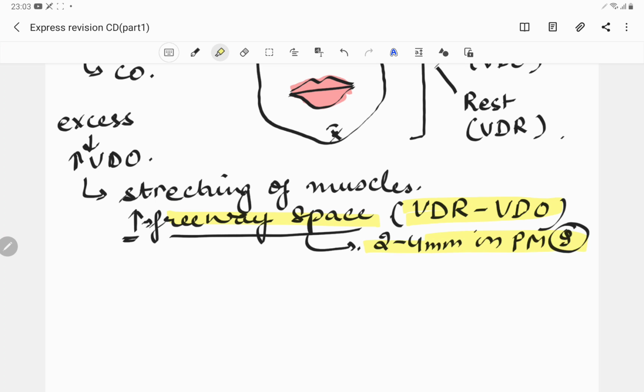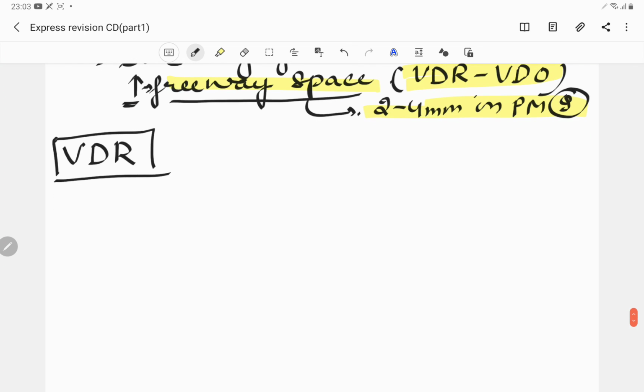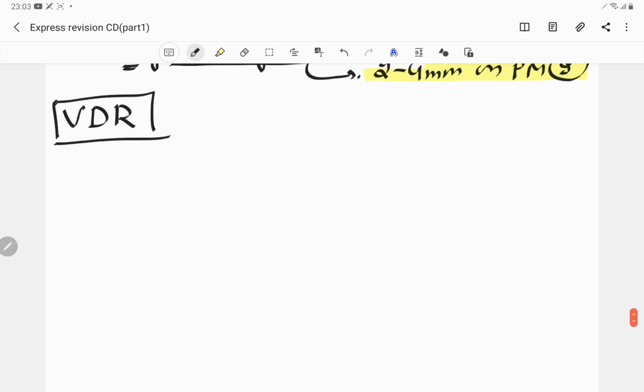The vertical dimension at rest is the vertical height of the face, between two selected points, one above the mouth, one below the mouth, when the mouth is at physiological rest position. Always remember that the vertical dimension of rest is greater than the vertical dimension of occlusion.